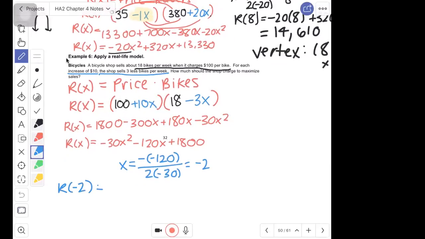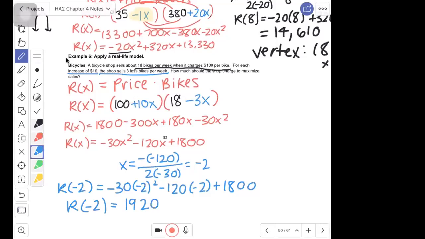When we plug that negative 2 in, we'll end up getting 1,920.